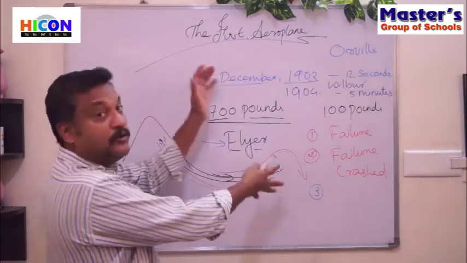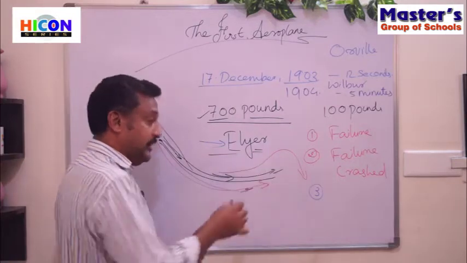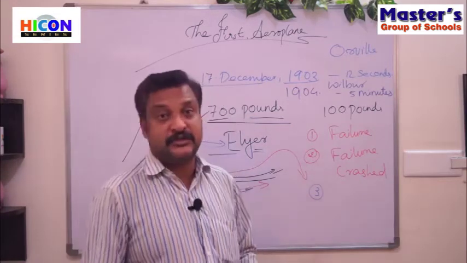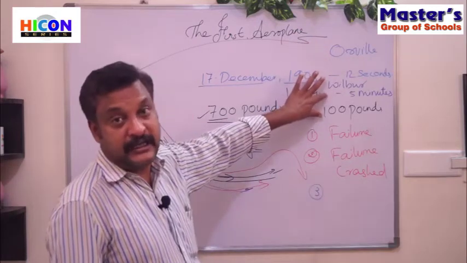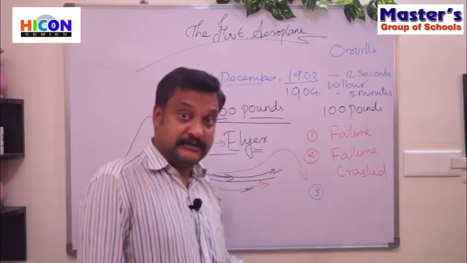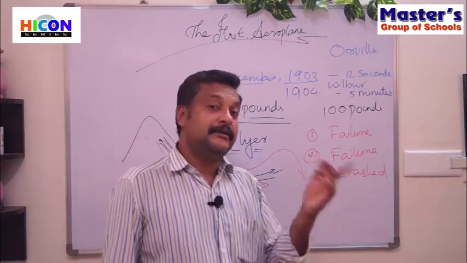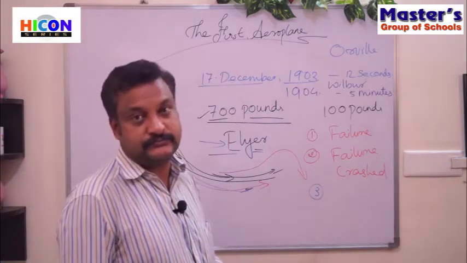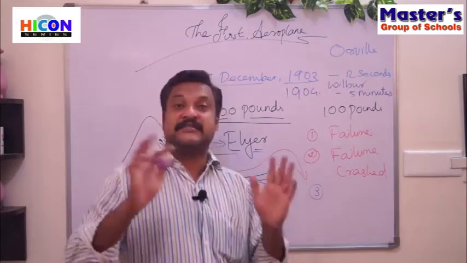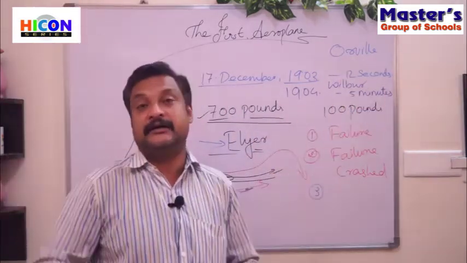This was the first aeroplane. So which was the first aeroplane? Flyer was the first aeroplane that was designed, operated, tested and used by Orville Wright and Wilbur Wright, and that came into existence in the year 1903, after trying with engineless flights of gliders in 1900 and 1902. They tried with different kinds of gliders without engine, and when they became successful, they could control the aeroplane in the air.